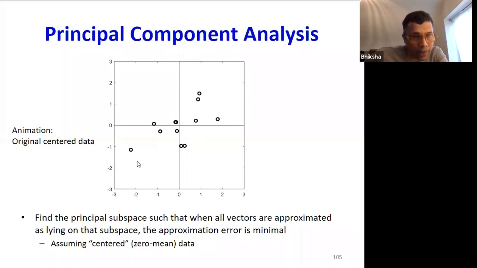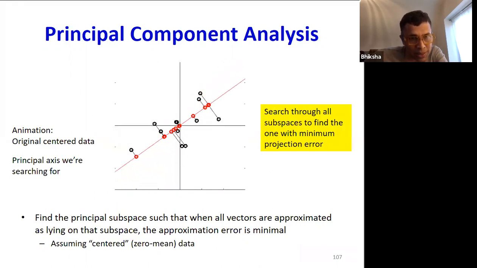So I'm trying to animate it here. You have a bunch of zero-centered data, and we want to find this principal subspace such that when you project everything down onto the subspace, the sum of the squared lengths of the error is minimized.